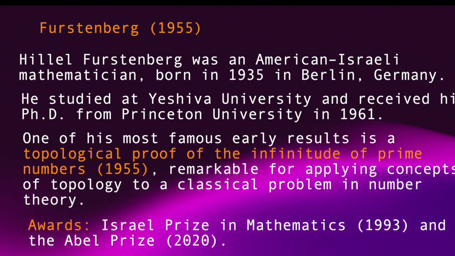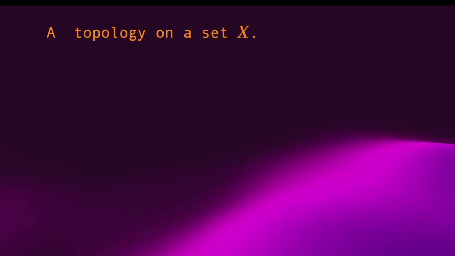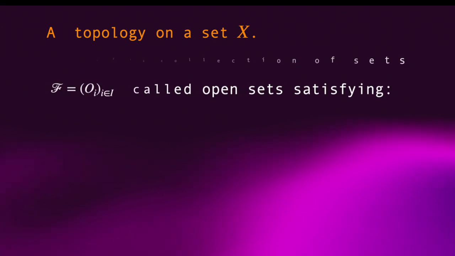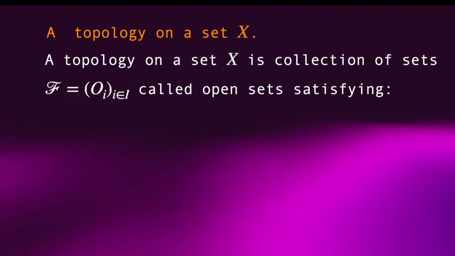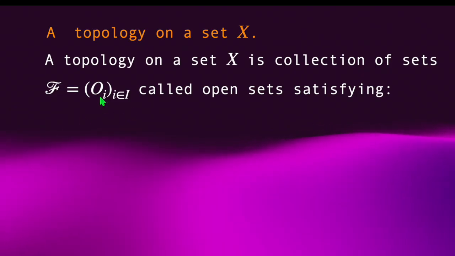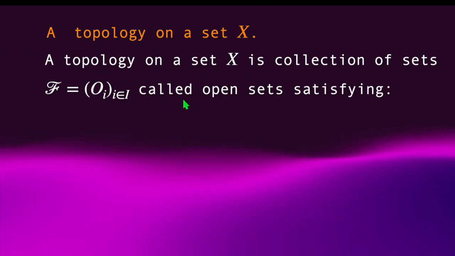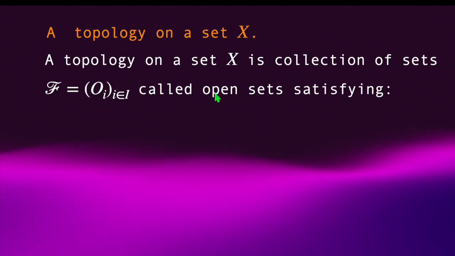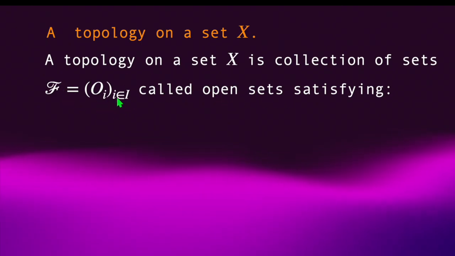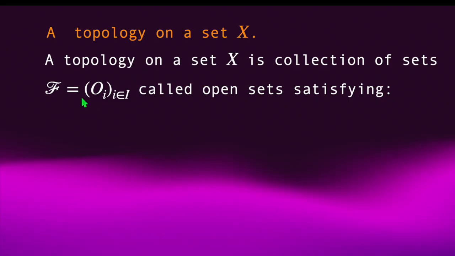So let's go through Fürstenberg's proof. We need to define what a topology on a set X is. A topology on a set X is a collection of sets F equal to Oi, where i runs through an index set. These Oi are called open sets, and this collection of open sets satisfies some properties.